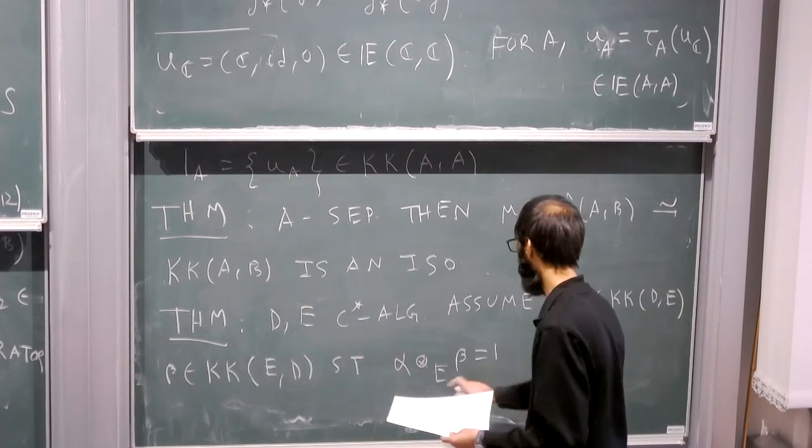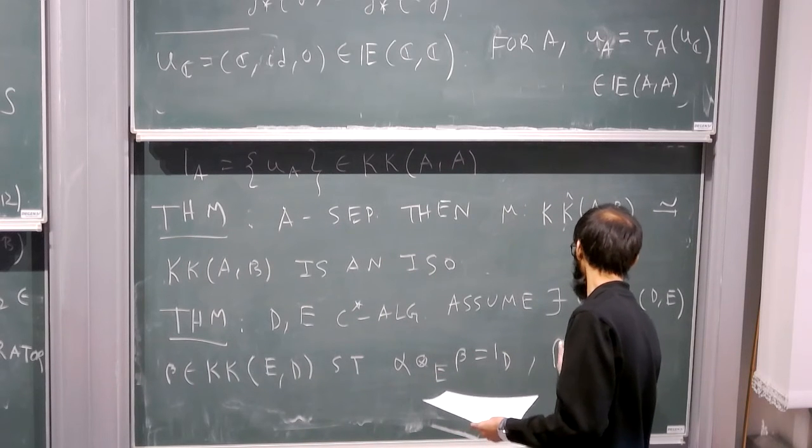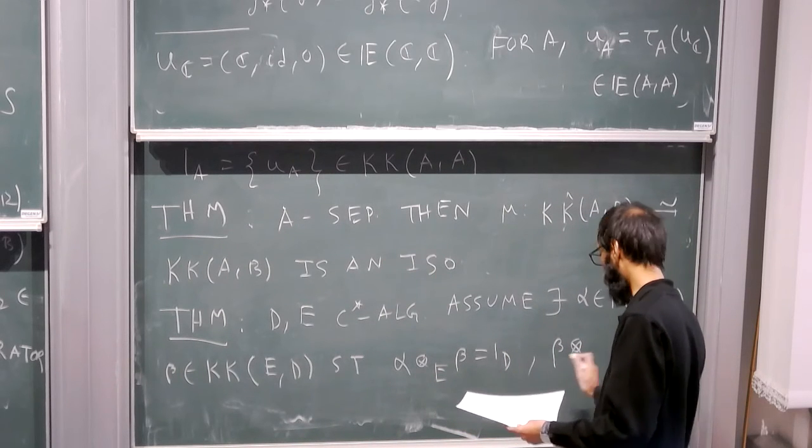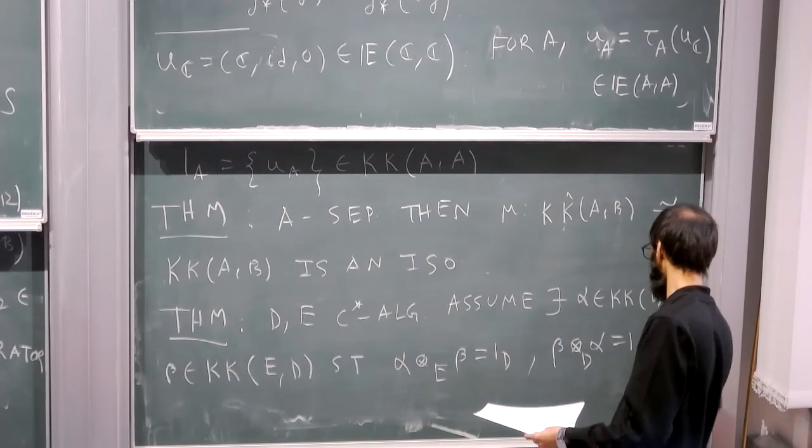This I demand and it lands inside D comma D. Beta is E comma D, so tensor over D makes sense. I have alpha, it lands inside.